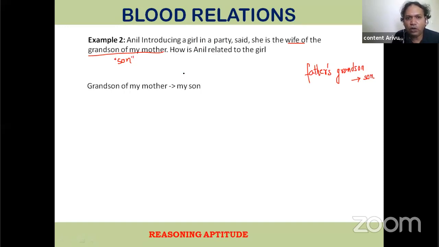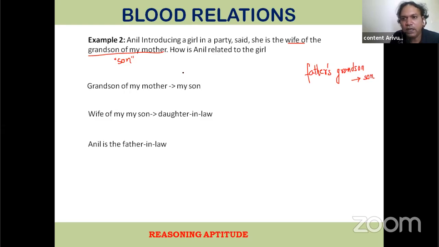She is the daughter-in-law and Anil is the father-in-law. Wife of my son is daughter-in-law. Therefore, Anil becomes the father-in-law. Clear? This question is clear. So let's move to the next one.